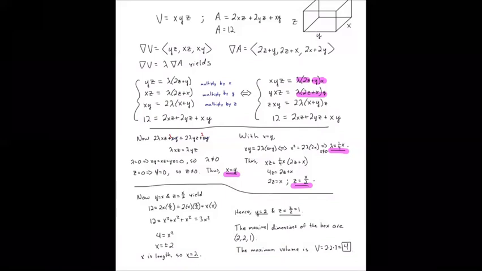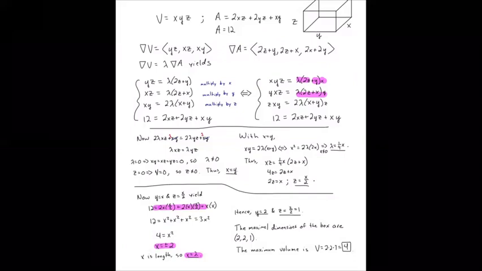Now it's time to go to the constraint. We know a substitution for y, we know a substitution for z. We can write this entire thing in terms of x, and that's a good thing. Once we do that, we have the following, writing all our substitutions into our constraint equation, and we solve for x. In this case, we end up with x is plus or minus 2. And well, x is a length, so we only take the positive, x equals 2.